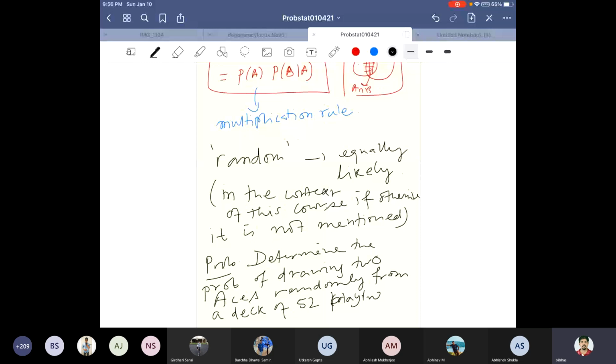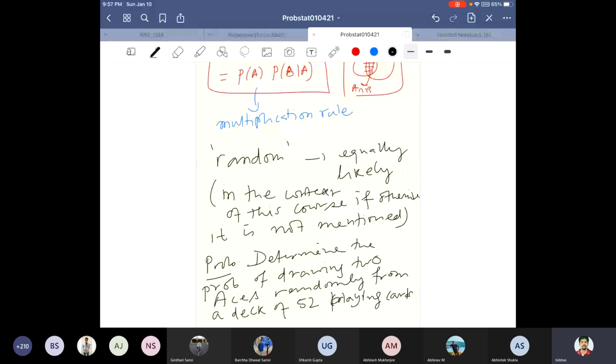Okay, so what is the probability? The number of aces is 4. Then you see there are 2 things here. Once you pick one particular card, suppose it is an ace, there are 52 choices you can pick, and only 4 of them are aces, and they all are equally likely.